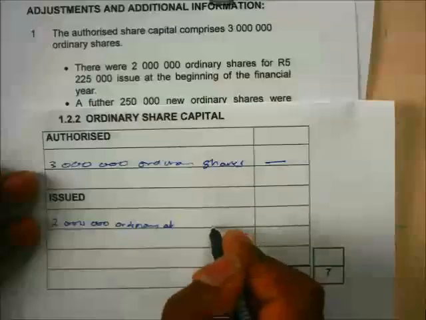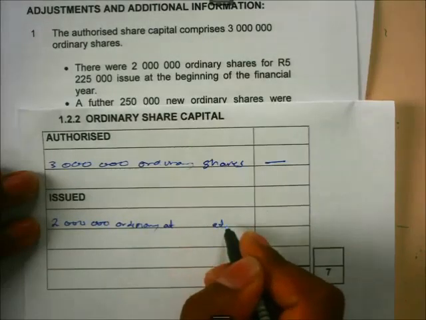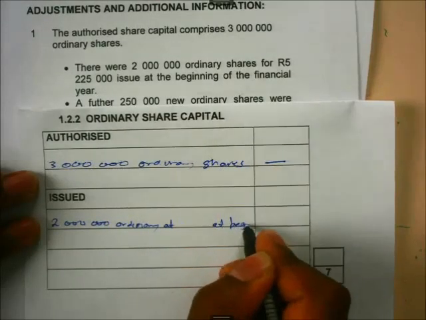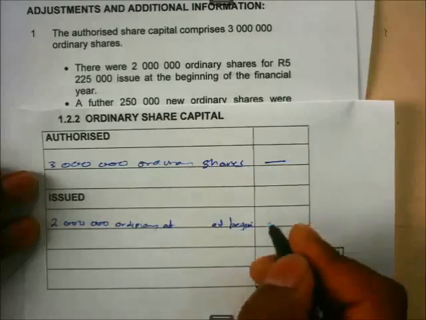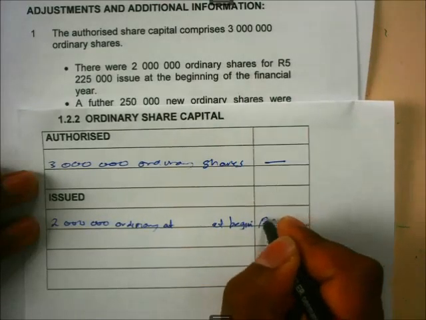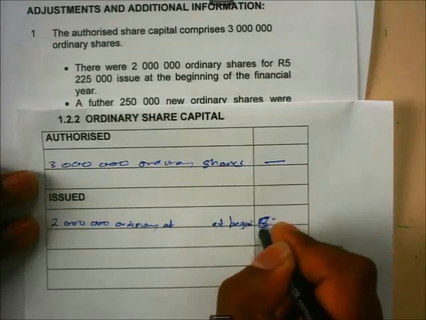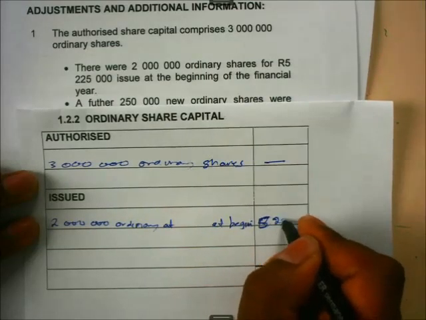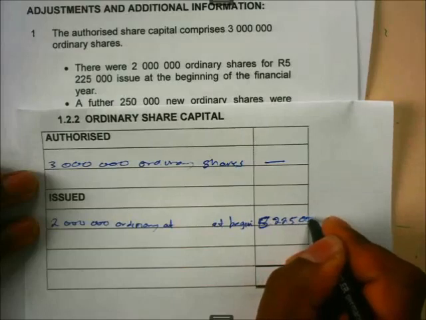They did not give us the price at the beginning of the year, but they've given us the value of those shares. Therefore, those shares were 5,225,000.